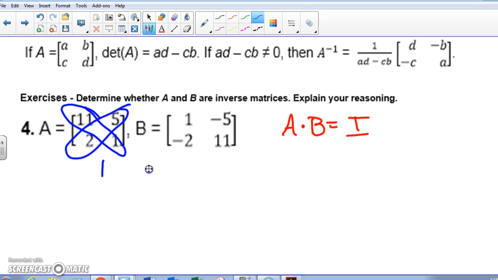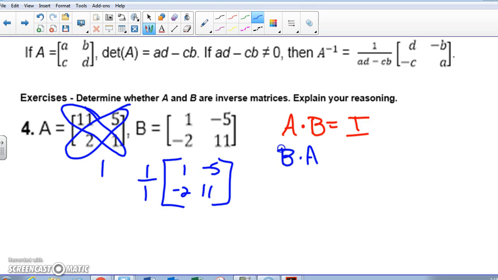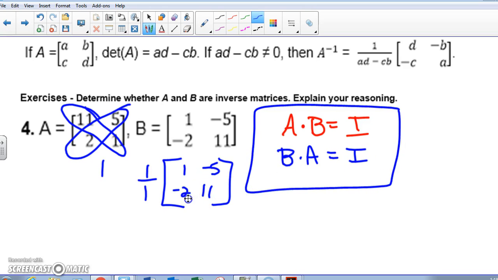So the determinant is 1. So 1 over 1 should equal A flipped around and signs changed. Is that what this one looks like? Okay, so we could type them in, but A times B and B times A should be the identity matrix, so yes, these are inverses. There's my explanation of why, because I get an identity when I multiply them.